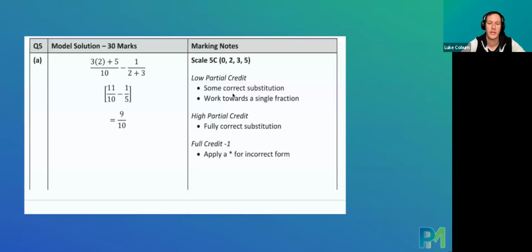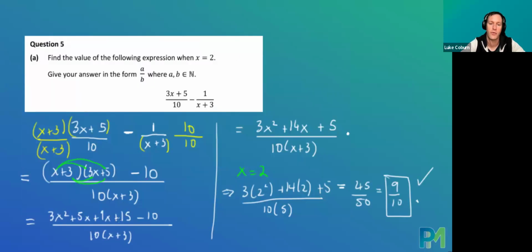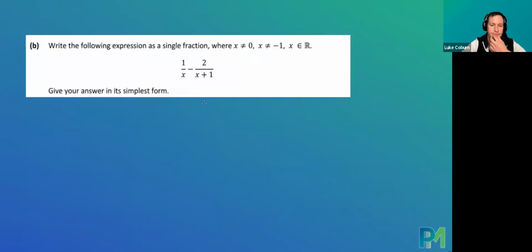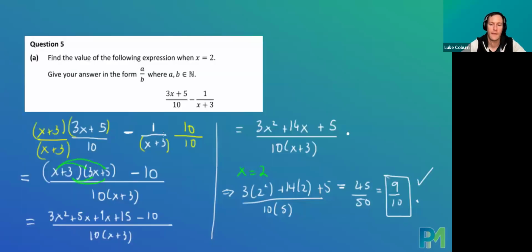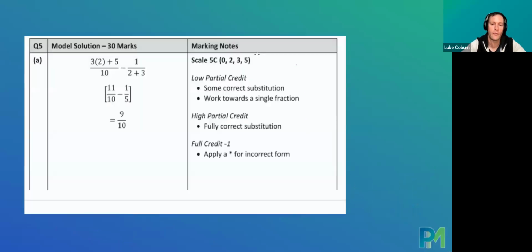Work towards a single fraction. And for the high partial grade, it's a fully correct substitution. So I think it would probably either be getting to here, for example, might do it, or just having subbed everything in would give it to you. And if you ended up writing 45 over 50, you would lose a mark.